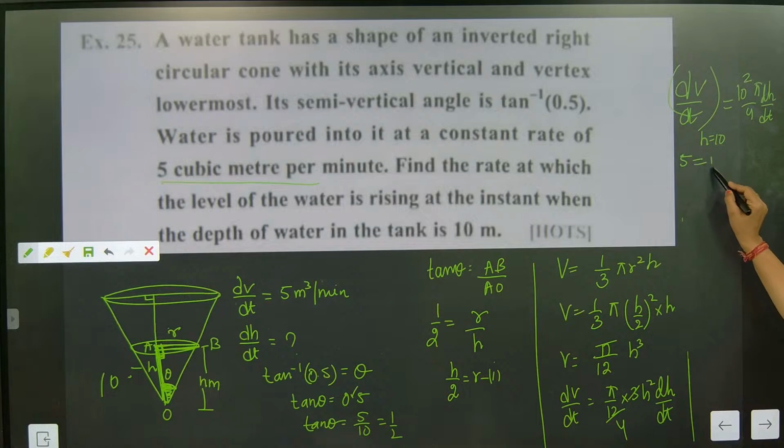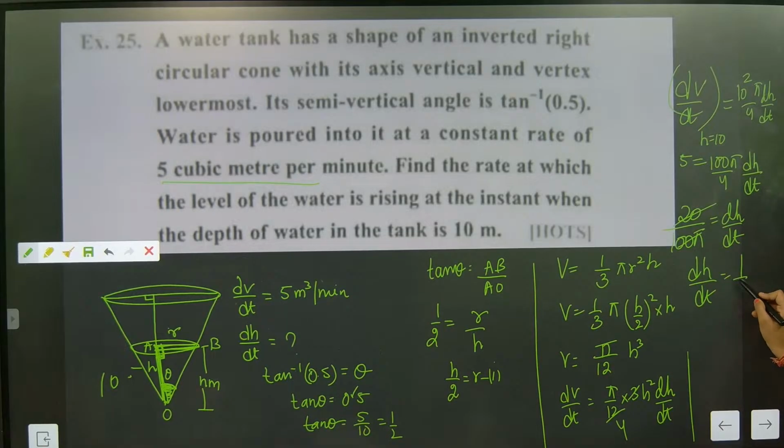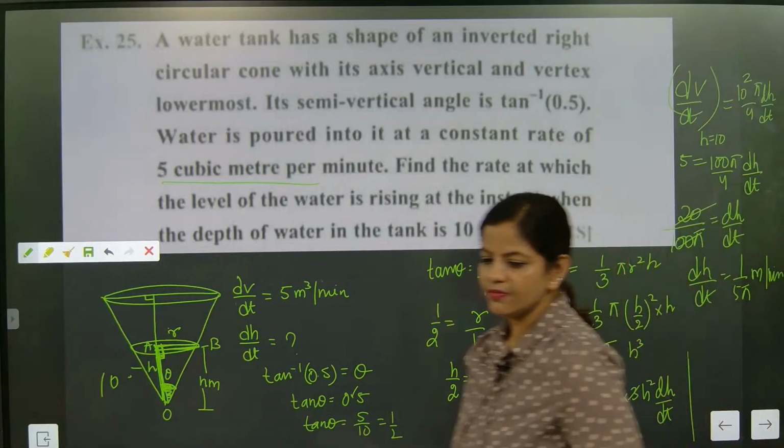So 5 is equal to 100 pi by 4 dH by dt. So 20 by 100 pi is equal to dH by dt. So it is coming as dh by dt is equal to 1 by 5 pi meter per minute. So the height increment is 1 by 5 pi.